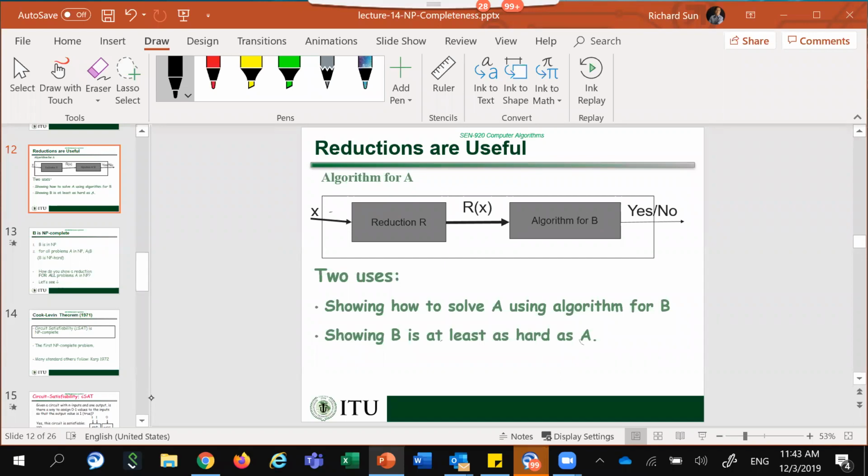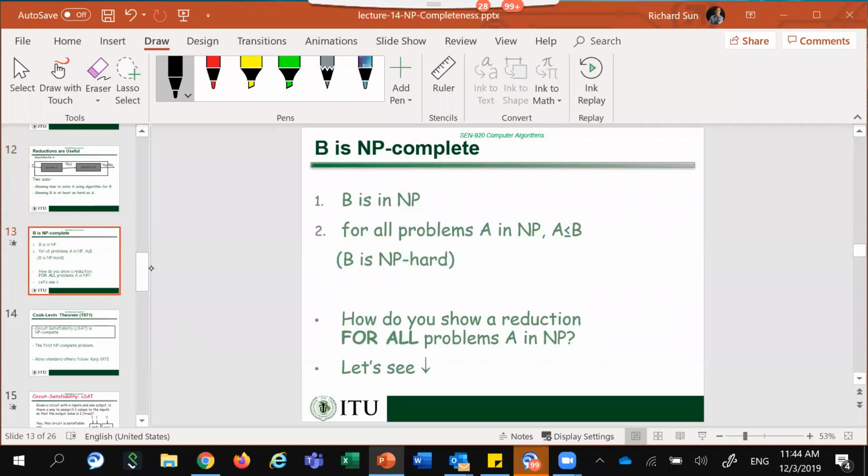The second way is that B is at least as hard as A. So you can look at this polynomial time reduction both ways, and we're going to use the second one to prove NP-completeness.